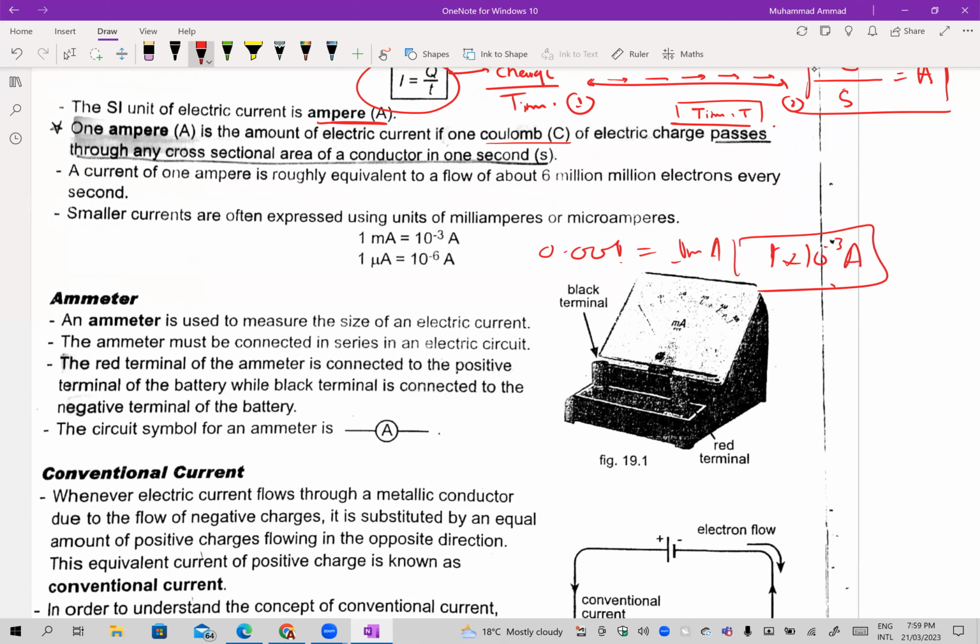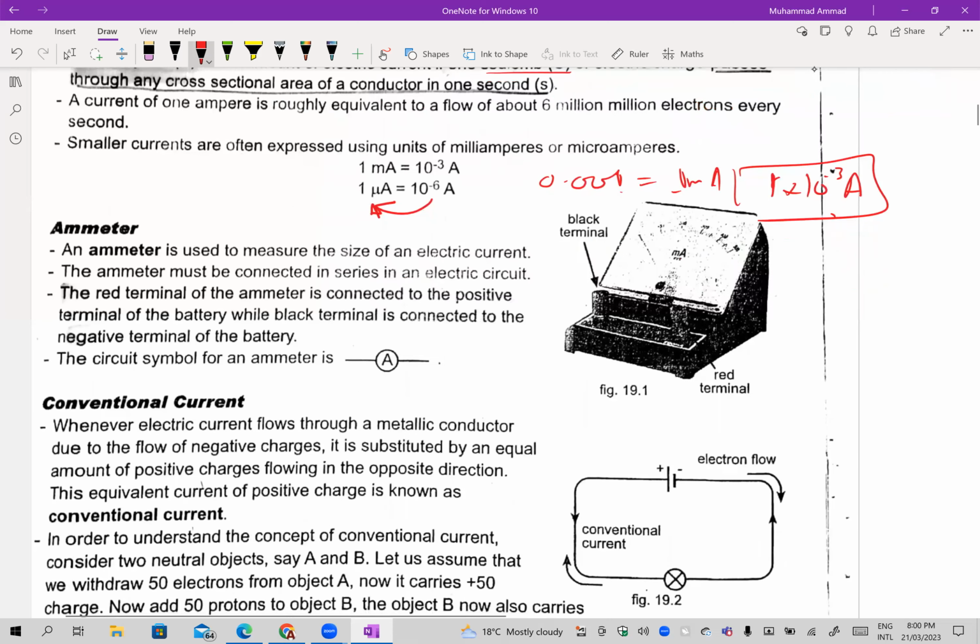So this is just the use of prefixes to represent the smaller values of currents. Similarly, 10 raised to the power of -6 amperes could be written as 1 microampere, okay? So you can always represent, it's not just specific to current, any physical quantity for that matter can be written in form of the prefixes.